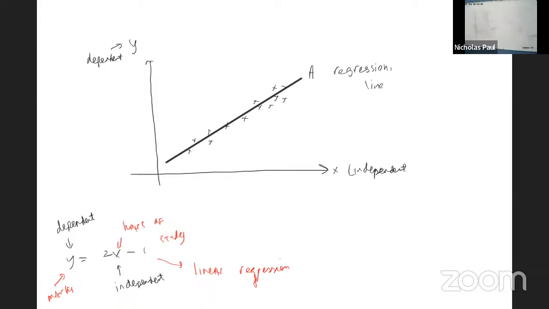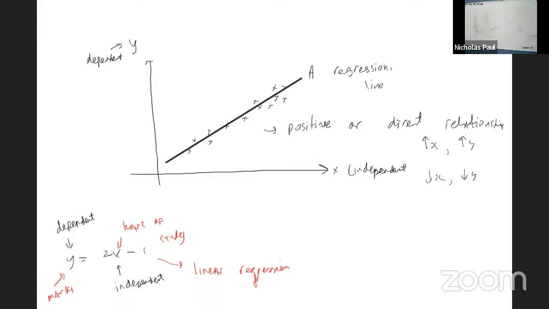This relationship here is called a positive or a direct relationship. Obviously, you can see as X is increasing, Y is increasing, or as X is decreasing, Y is decreasing.